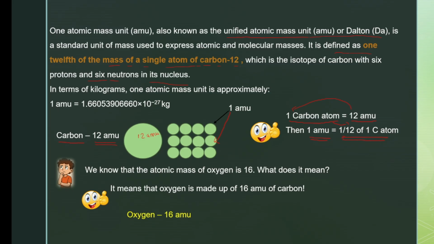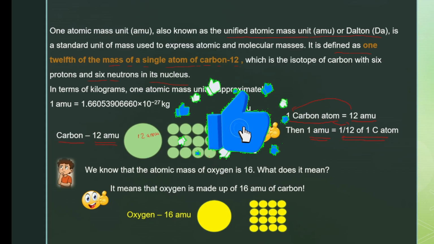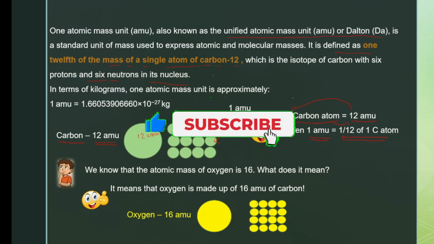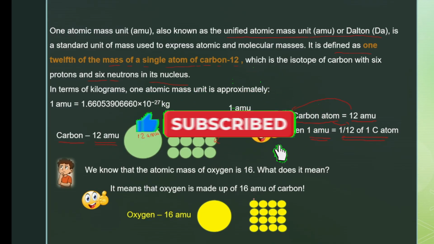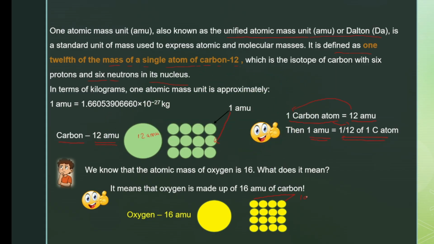This is the whole ball of oxygen, and when we divide it, this oxygen atom is made up of how many AMU? 1 AMU into 16 balls, we will get 16 AMU. So the oxygen atom is made up of 16 AMU of carbon.